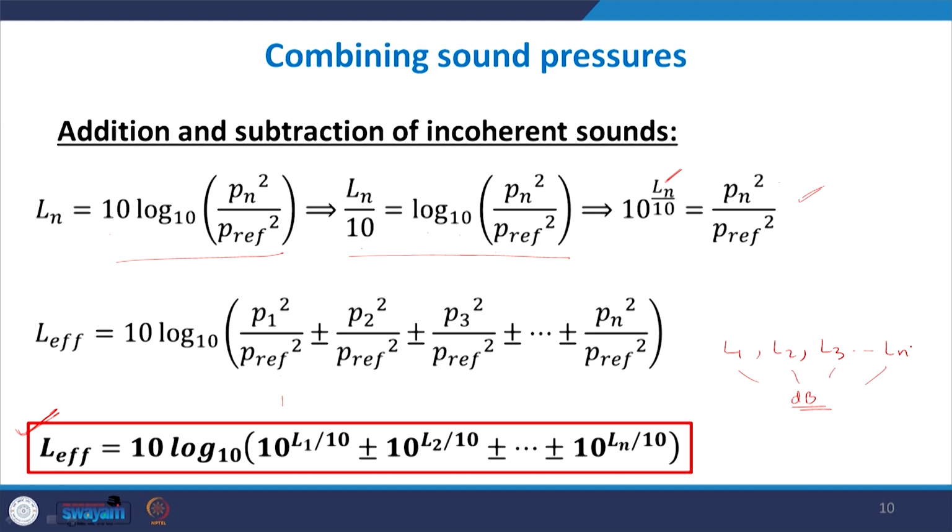Then the total decibel level when all these sounds are present together will be given by this expression. So this is how the SPL combines. It's a complicated expression, but you need to remember it. So this is where the sounds are incoherent in nature.